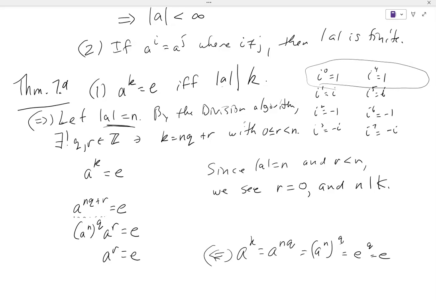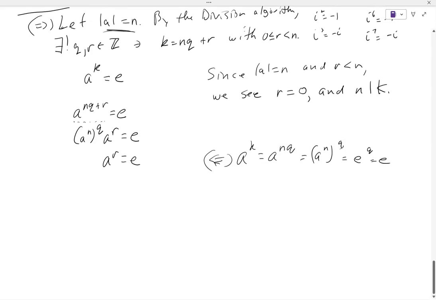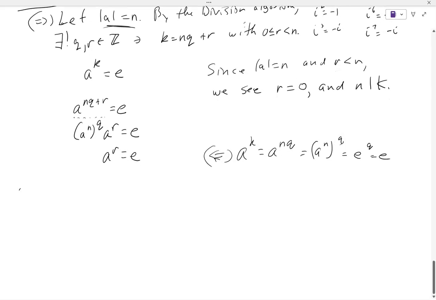All right. A couple of other little results here. Two powers of a are equal if and only if, when you subtract the exponents, the difference is divisible by the order of a.